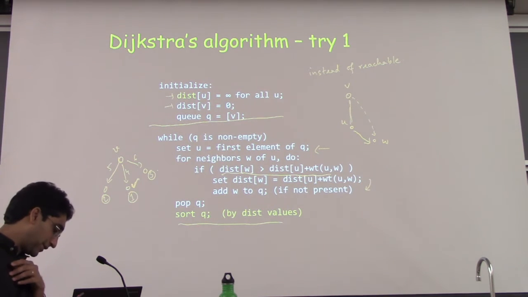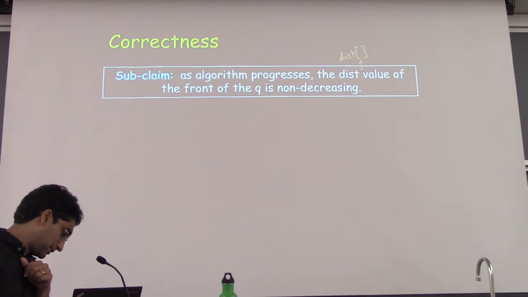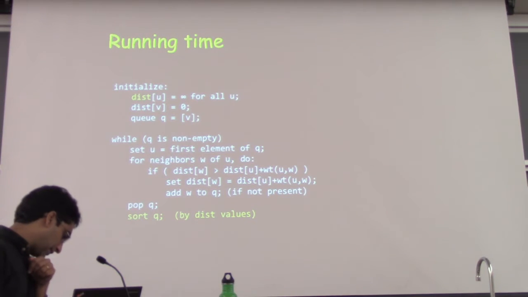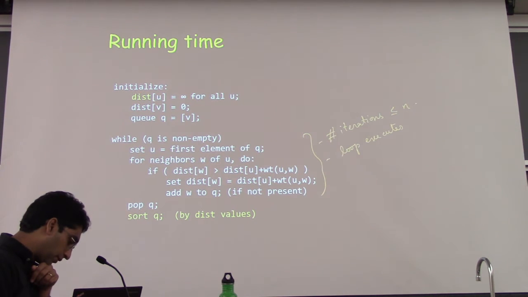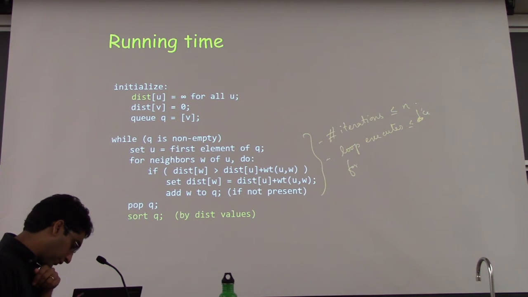So you will not reach any vertex twice, and this is why the number of iterations of the loop is less than or equal to n. Furthermore, you know that the loop executes at most once for each vertex.